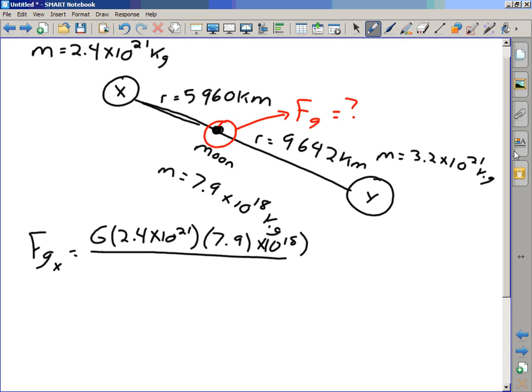Okay, 6.67 times 10 to the negative 11. And the distance between them is 5,960 kilometers. What does kilo mean? 10 to the what? 10 to the third, so I'm not going to worry about converting. I'm just going to write 5960 times 10 to the third, because the calculator will do the conversions for me. Fg of X equals.